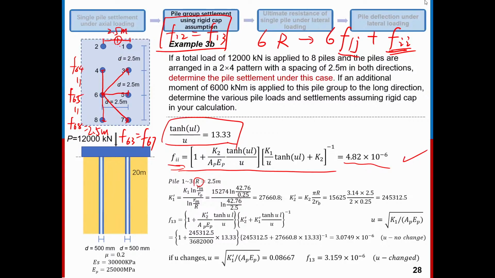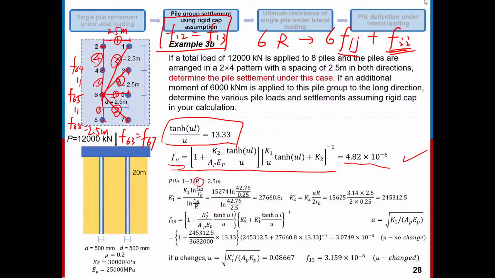So how about F1? We have another distance, and here from pile 2, we have another distance. How many distances here? 1, 2, 3, 4.